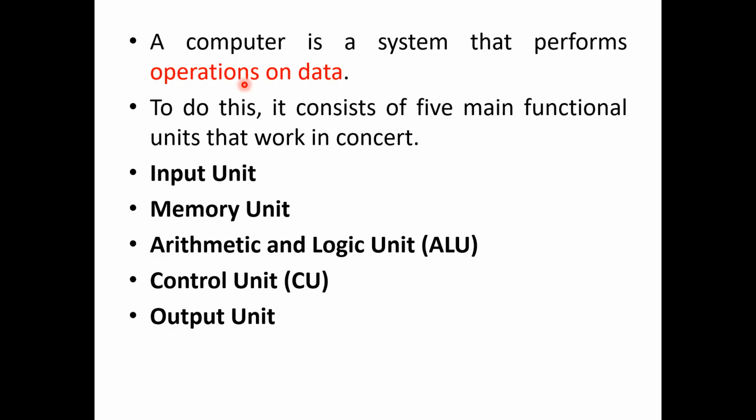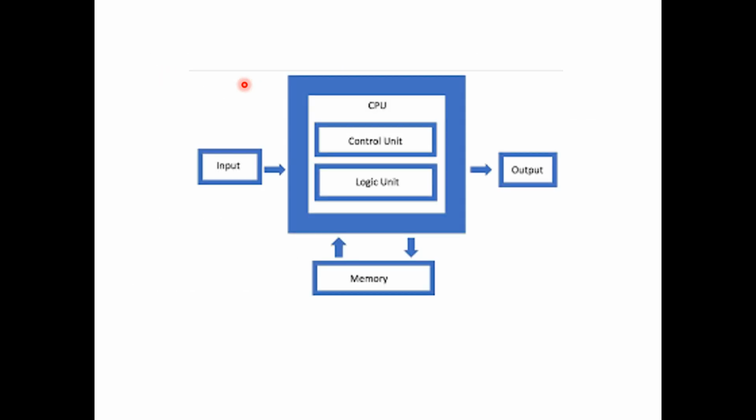First is the input unit, second the memory unit, third the ALU, arithmetic logic unit, then the control unit, and last the output unit. So these five functional units cover the whole system to perform operations on data.